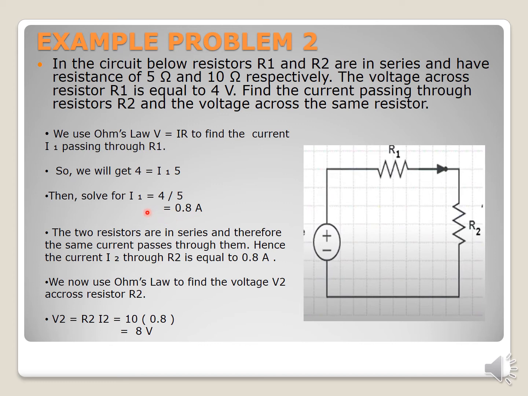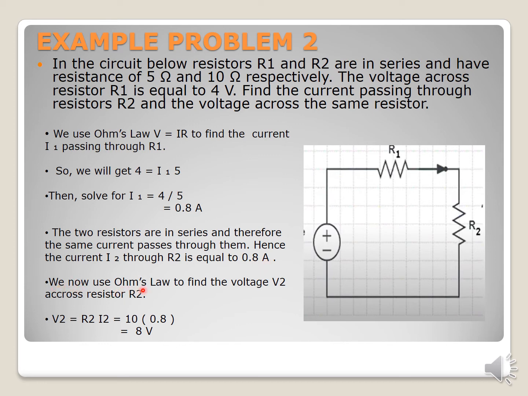So the current I1 is 0.8 ampere. The two resistors are in series, and therefore the same current passes through them. Hence, the current I2 through R2 is equal to 0.8 ampere.